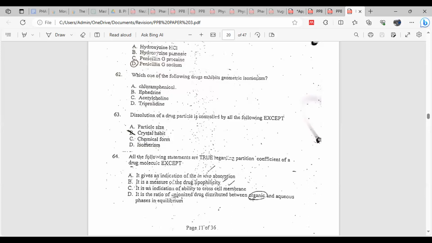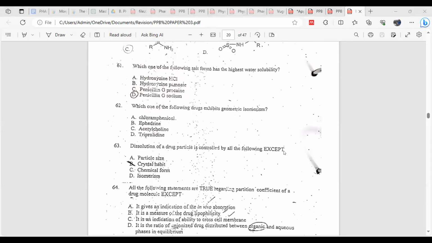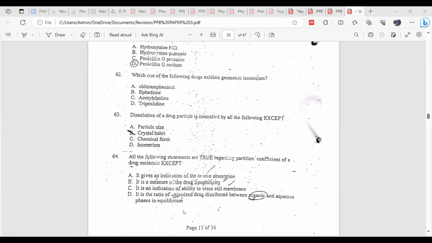That makes sense. Should we check the marking scheme, or go with what we think is right? Nobody can check ChatGPT. Let me Google, let me try. Dissolution. Crystal habit is equal, so that can't be the answer.